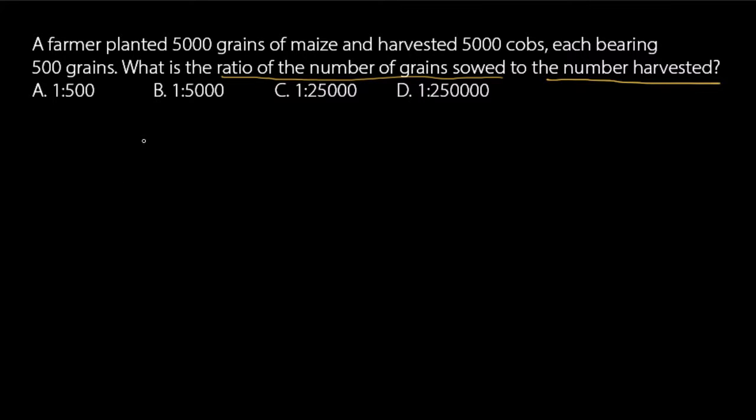Now, let me just write the question. It says we should find the ratio of the number of grains sold to the number of grains harvested.